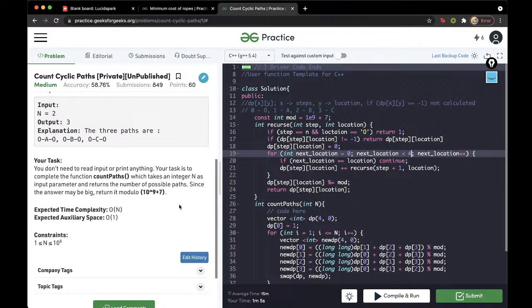So we have matched the expected time complexity with O of n, but we have to improve on the auxiliary space because we are using lots of space for this.